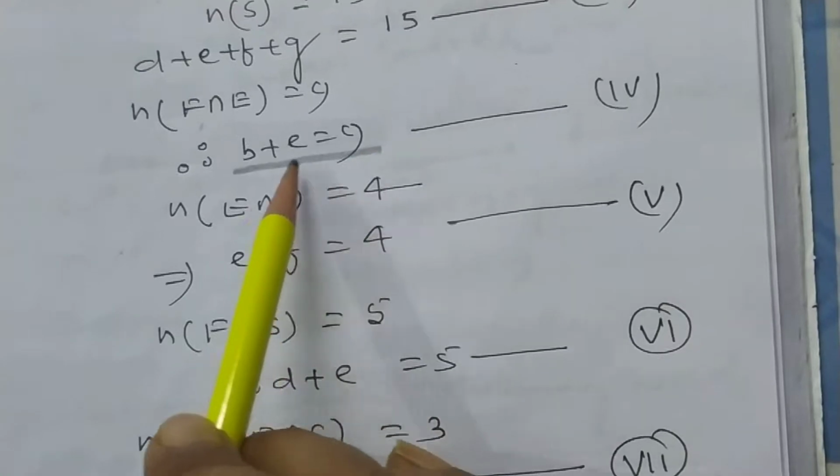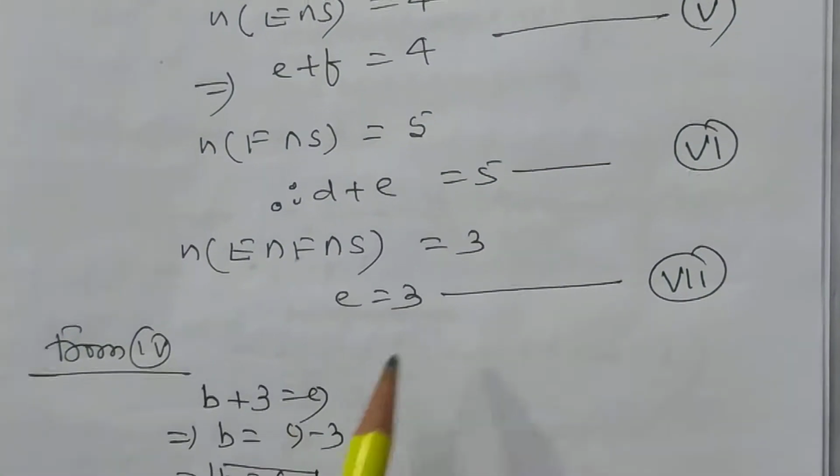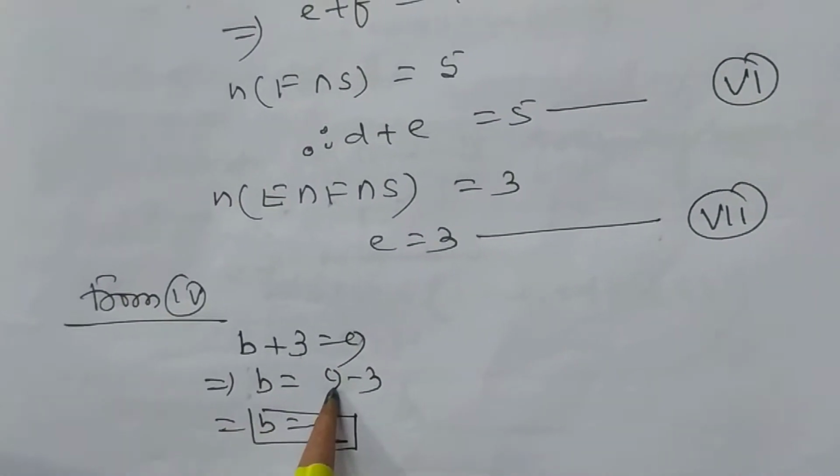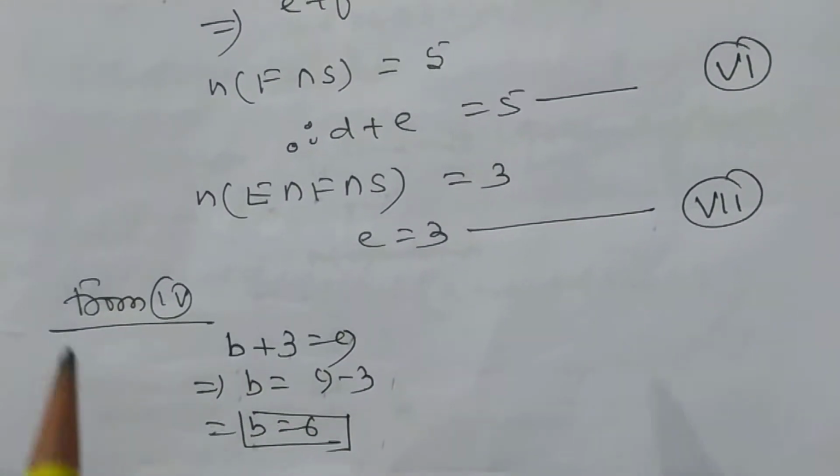B is equal to 9 minus E, and E is equal to 3 from 7. So B plus 3 is equal to 9, B is equal to 9 minus 3, and B is equal to 6.